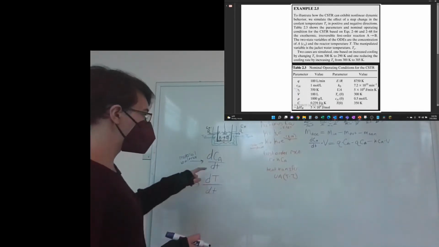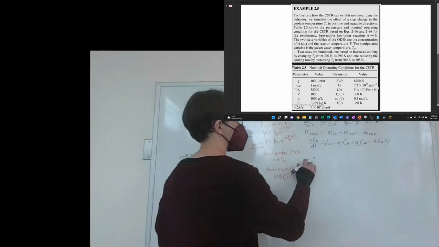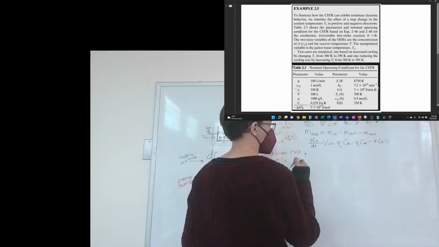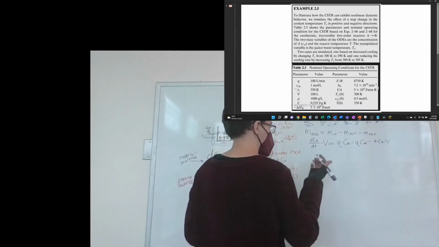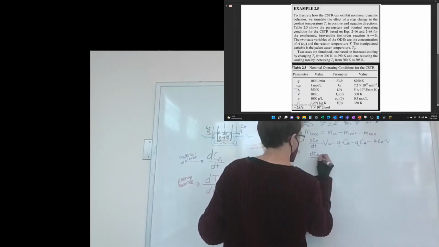We can rearrange it a little bit so we can get this term on one side by itself. To do that, we just divide out V, and then we can also factor out this Q here. So I'm going to do that all in one step, so I don't have to write as much. So I'm going to have the change in concentration of A with respect to time.